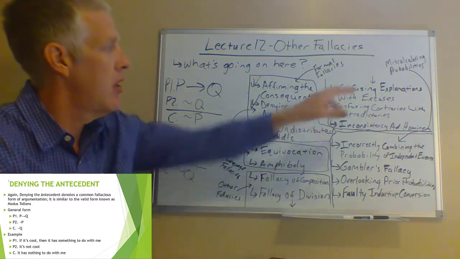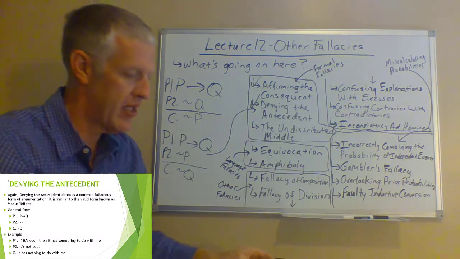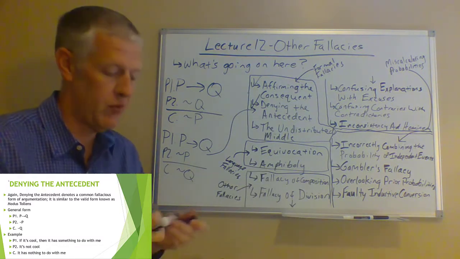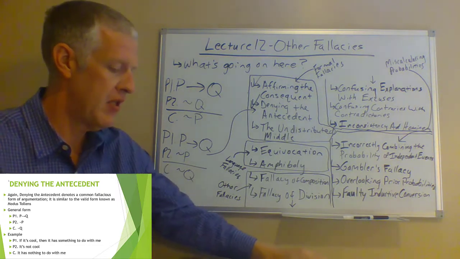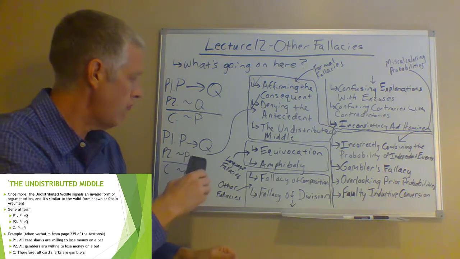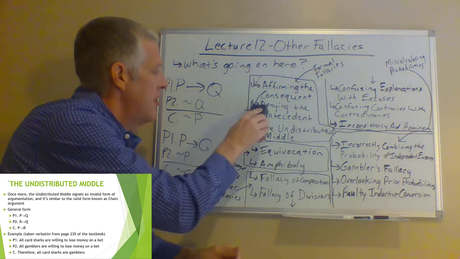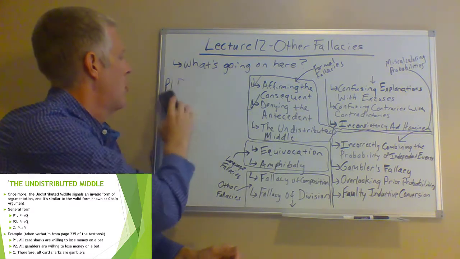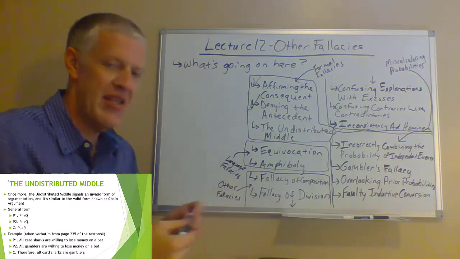We'll conclude our discussion of formal fallacies by revisiting, and for this one we'll have to change up the premises, revisiting the error or mistake known as the undistributed middle. So let's erase this. And it's related.